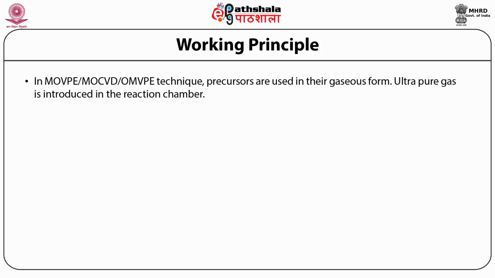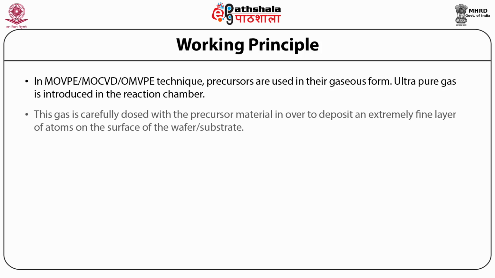Ultra pure gas is introduced in the reaction chamber. This gas is carefully dosed with the precursor material in order to deposit an extremely fine layer of atoms on the surface of the wafer or substrate.